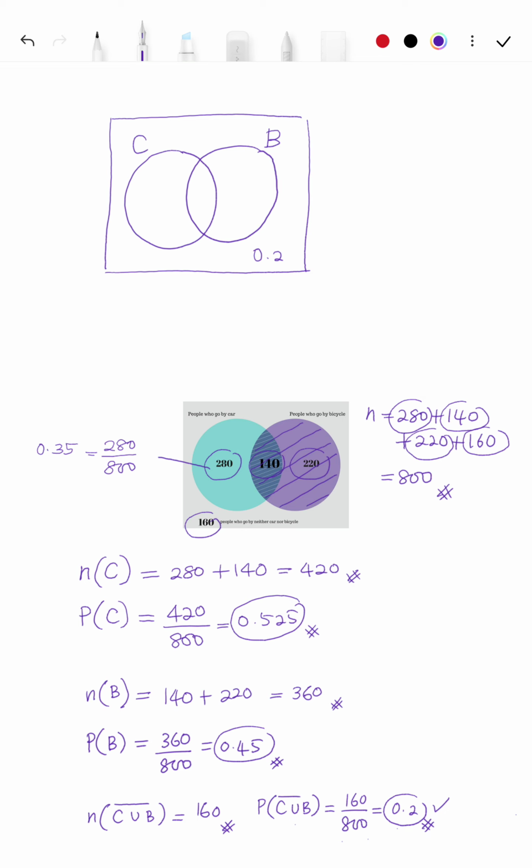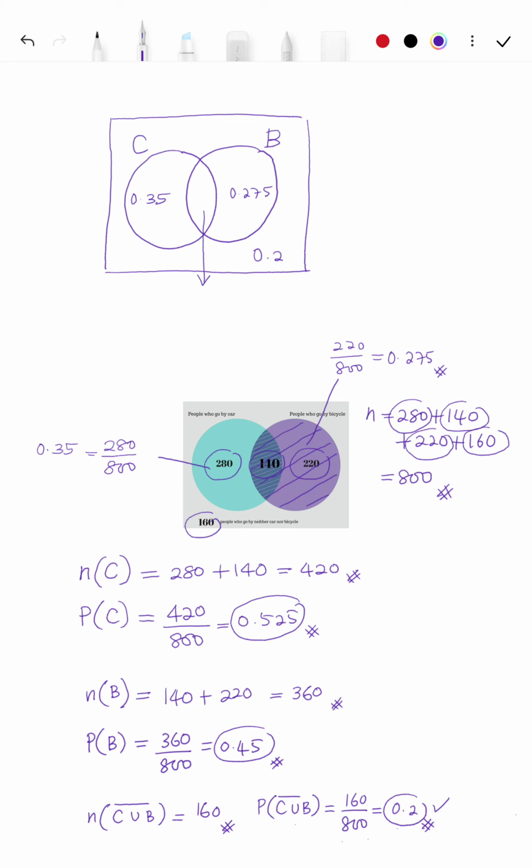So here is 0.35. What about 220 here? 220 over 800 is 0.275. Here is 0.275.